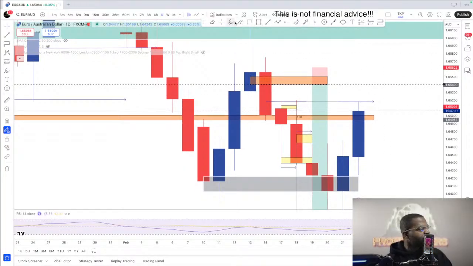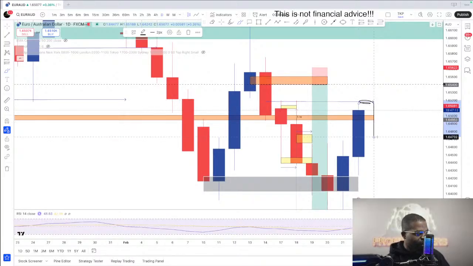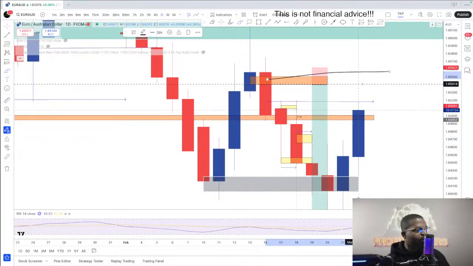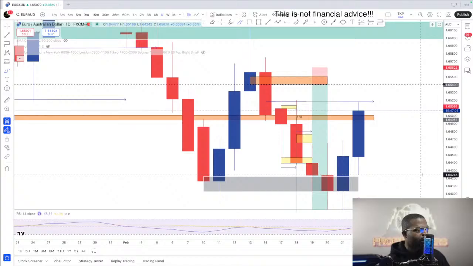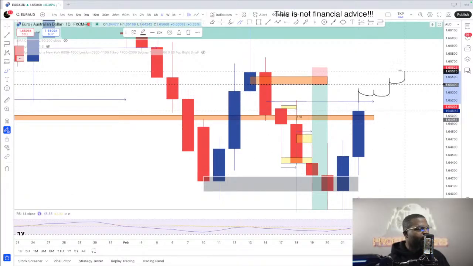If price does not reject right here, there's a good chance we can see a break above this area to retest this high. And if this holds, you'll see a continuation of this downtrend. If not, this move would be more so like this.